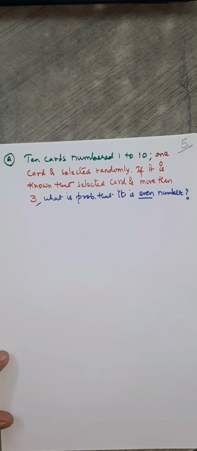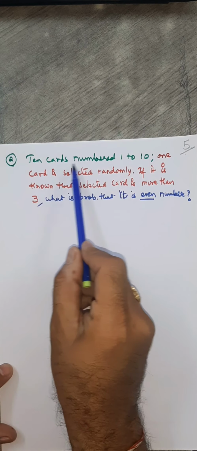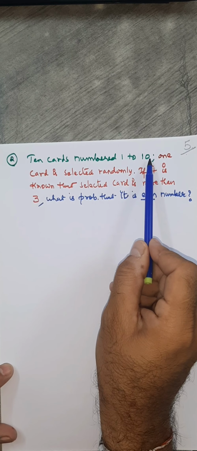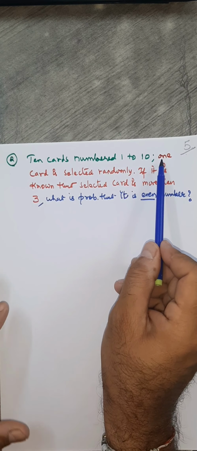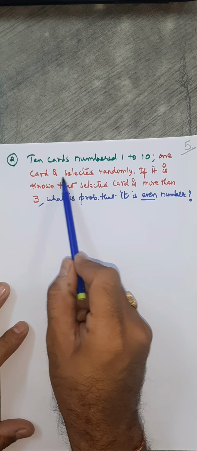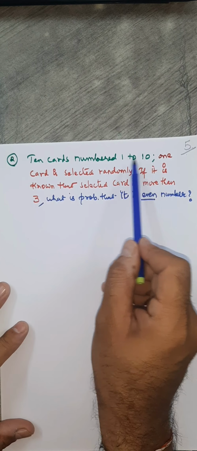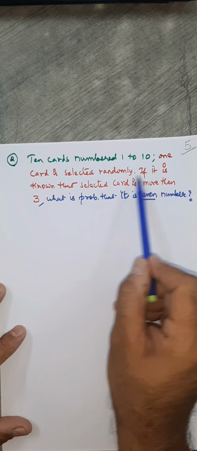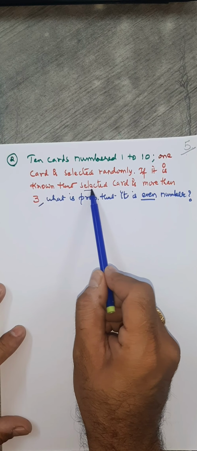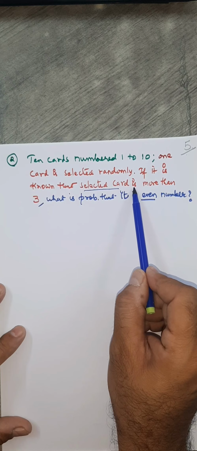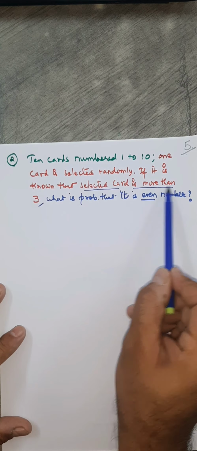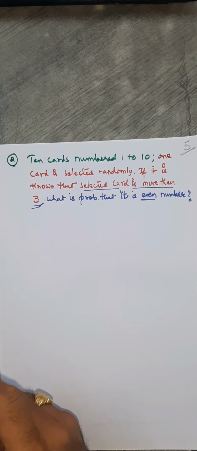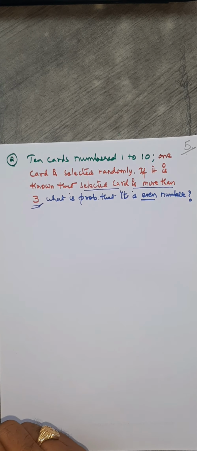Let's see one more question. 10 cards numbered from 1 to 10 are mixed up thoroughly. One card is selected at random. So out of 10, one card is selected at random. If it is known that the selected card is having the number more than 3, so this event has occurred.